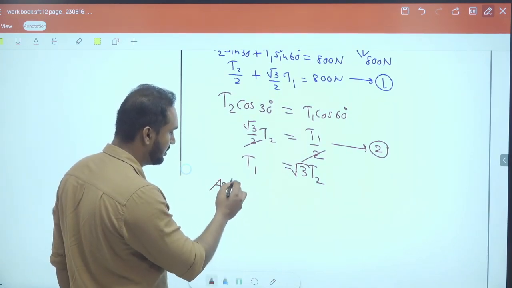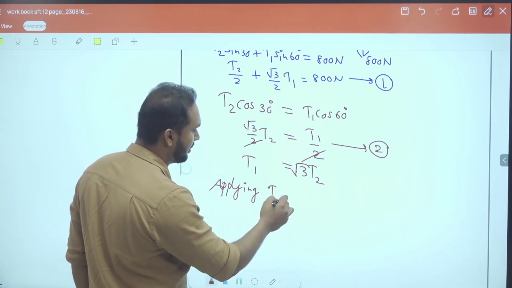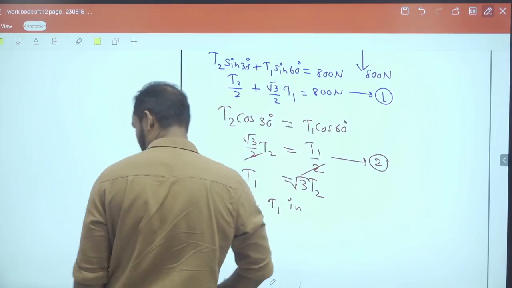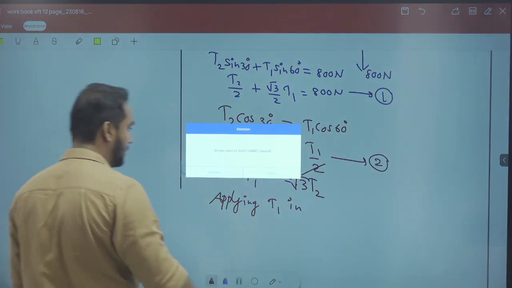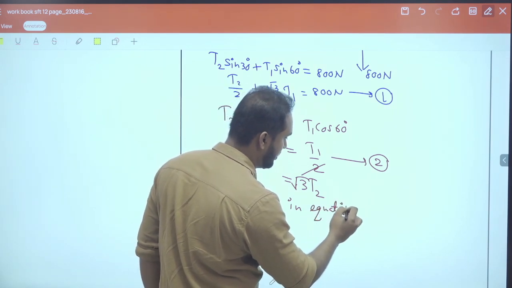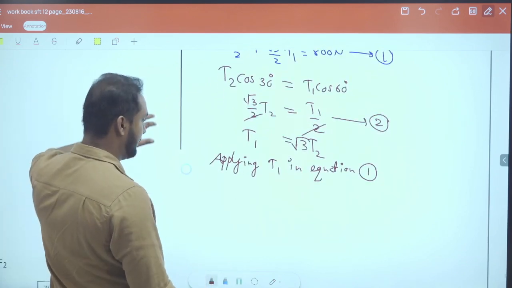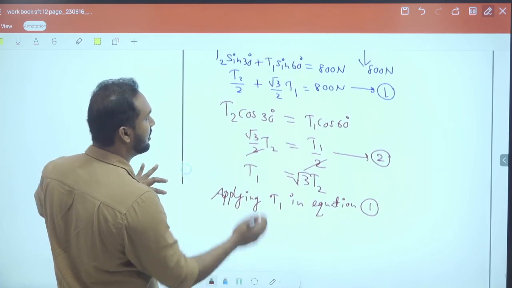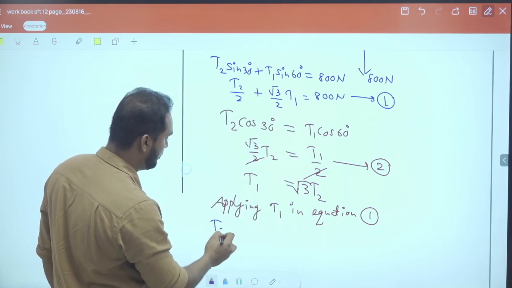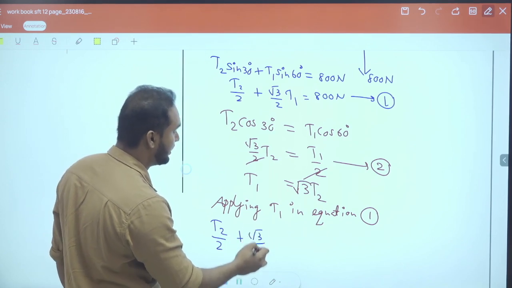Applying T1 in which equation? Equation 1, right? If you apply it to equation 1, it's fine. So T2 over 2 plus root 3 over 2 instead of T1.